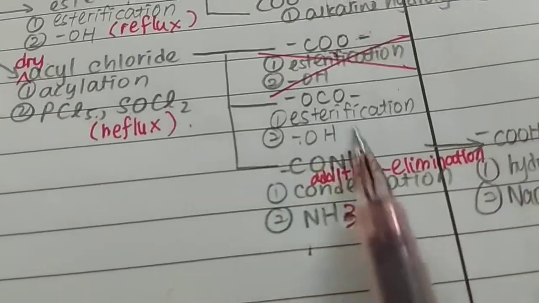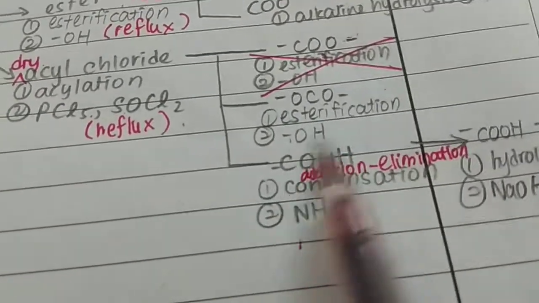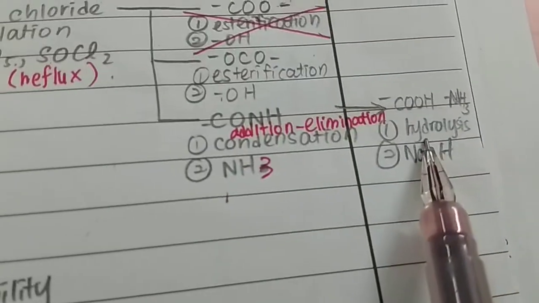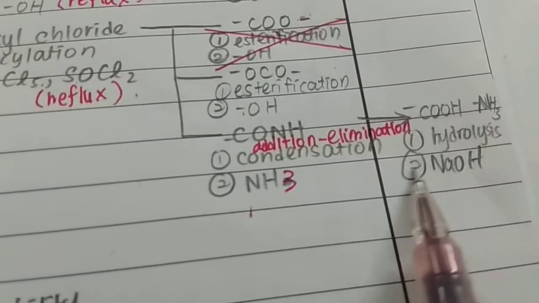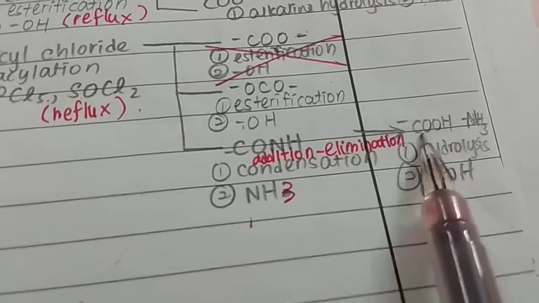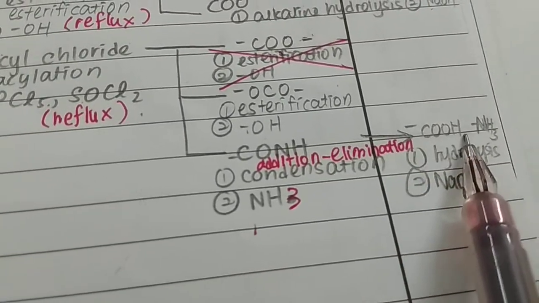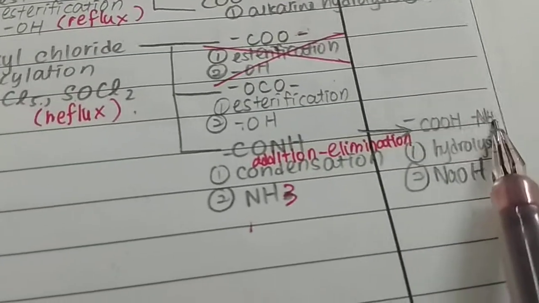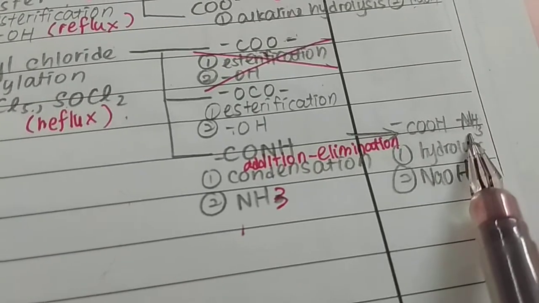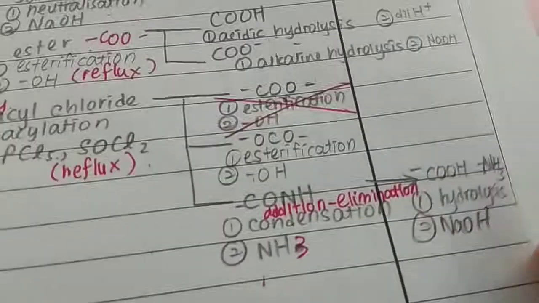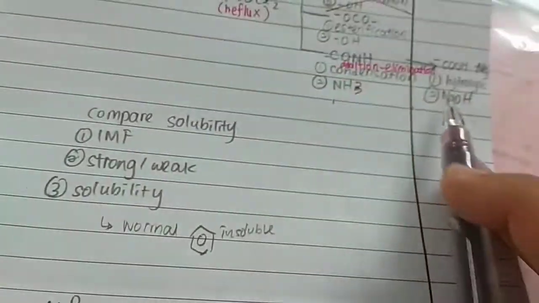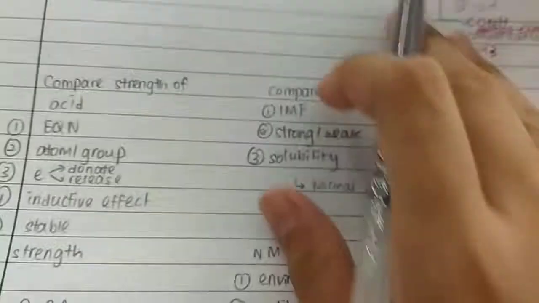And if you don't want this amide group, you can undergo hydrolysis with NaOH to obtain COOH and ammonia gas again. And again, this ammonia gas is smelly, so remember that the reaction will be a bit smelly, and be aware of that.